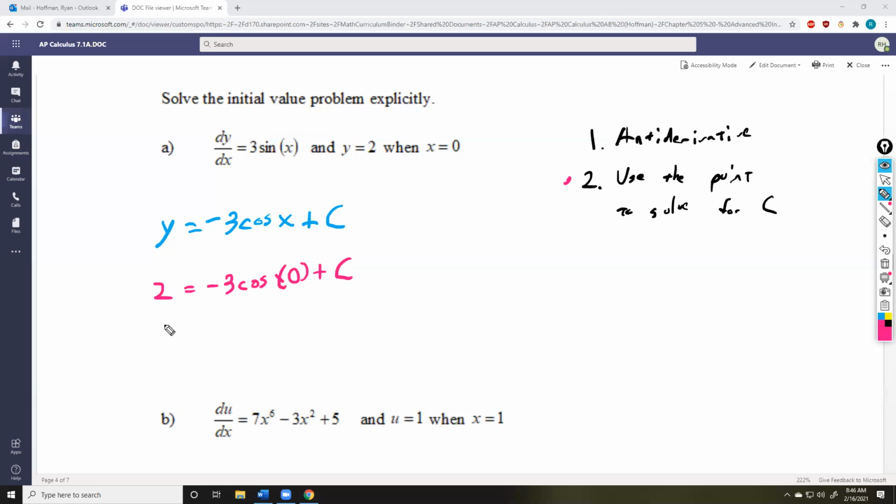Oh, let's see. 2 equals negative 3 cosine of 0. Careful, cosine of 0 is 1. So 2 equals negative 3 plus c, which, if I add 3 to both sides, is going to mean that c has to be 5.